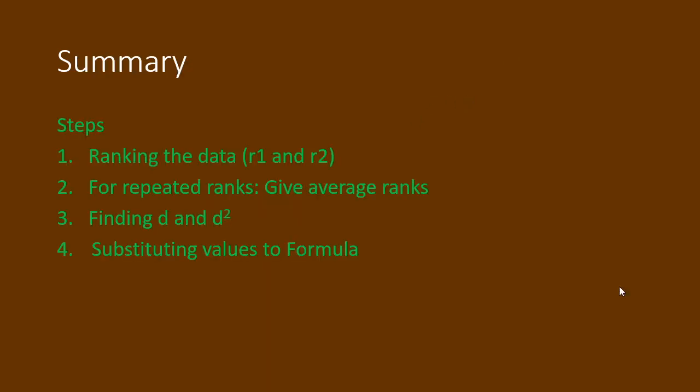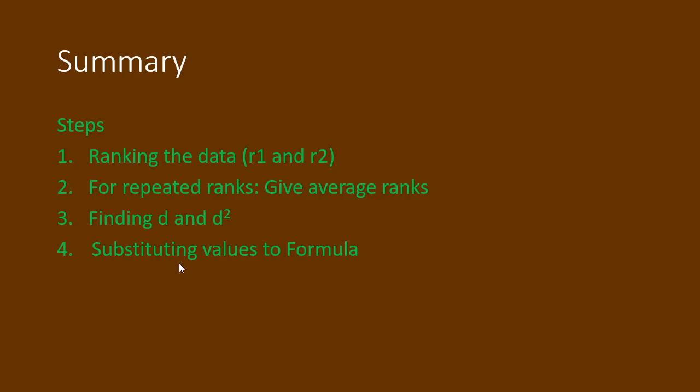So hope you understood. For rank correlation, you should remember the steps. First step is to rank the data. So for ranking the data, as far as repeated ranks, give average ranks. And finding d and d square.